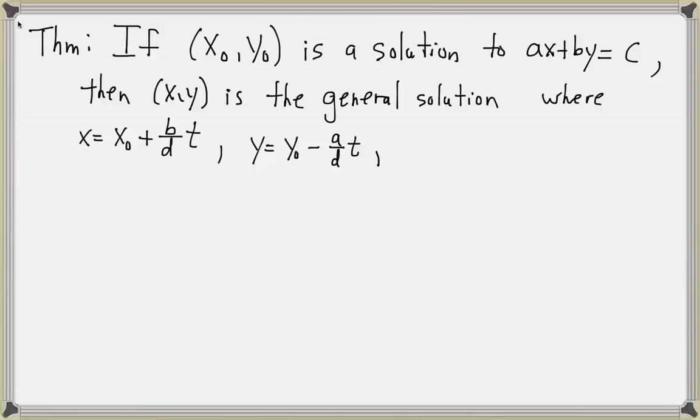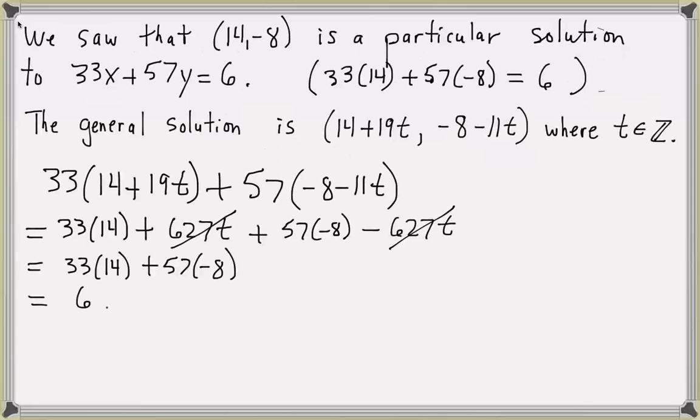Here d is the greatest common divisor of a and b, and t is any integer. I used this formula to find the general solution to the previous example.